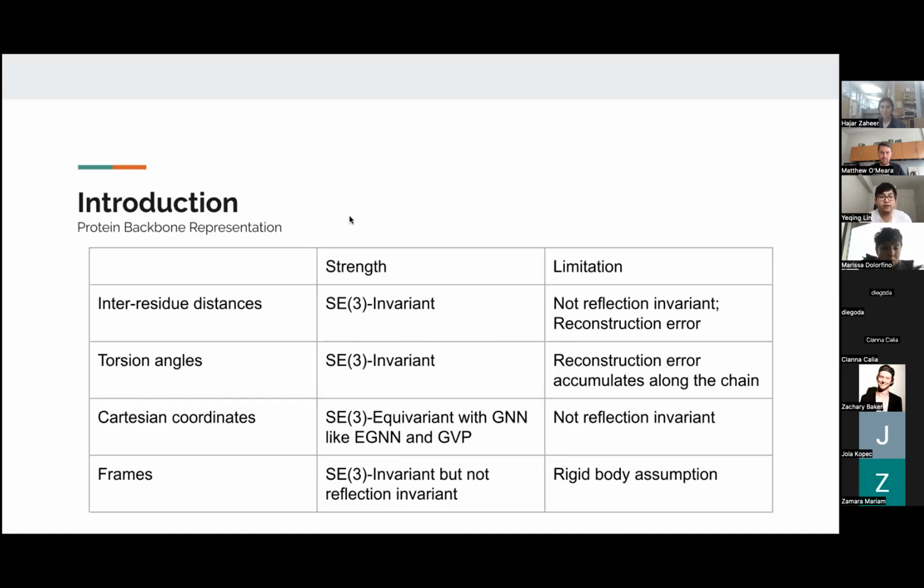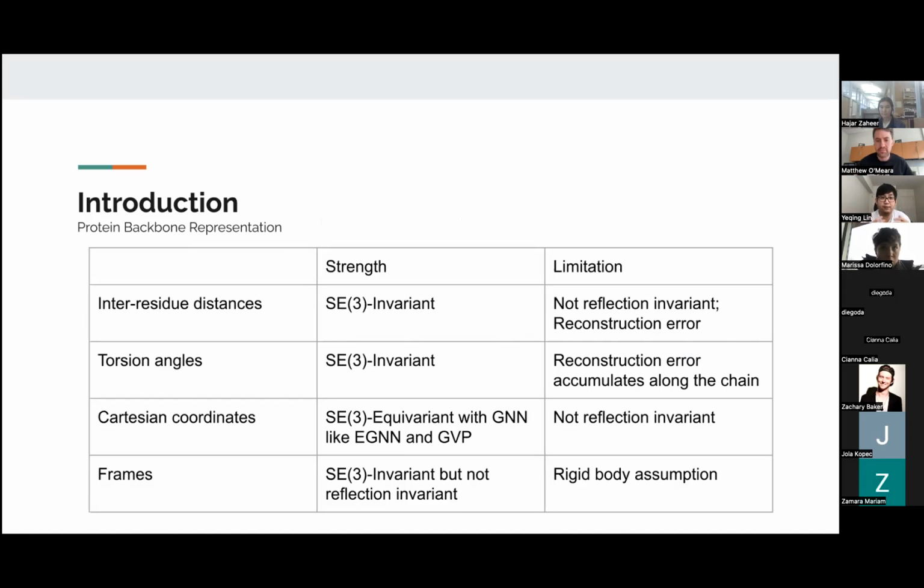The next point I want to talk about is the representation for the protein backbone. For computer science, it's very important how we actually encode things such that the computer is able to understand it as well as process information from it.